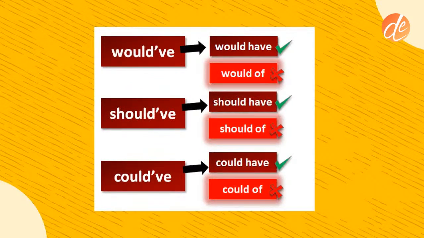So now let's talk about some of these other contractions. So I mentioned earlier we have the negative contractions, okay? And that's going to be the combination of the words should not, could not, and would not, which, as our negatives, become couldn't, wouldn't, and shouldn't.